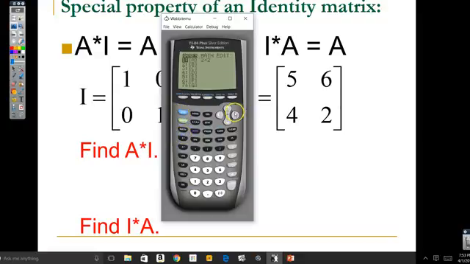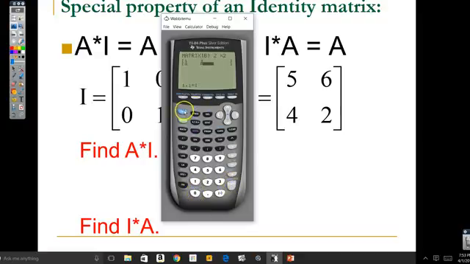I think there is an identity. Let's look and see. If we go into math, I guess not. Let's put in the identity matrix then. So we'll need to go down to matrix B. It is as well a 2 by 2. And 1, 0, 0, 1.